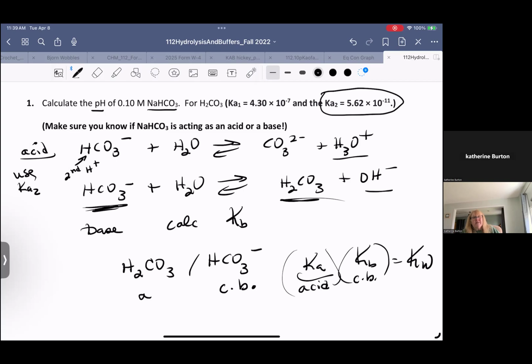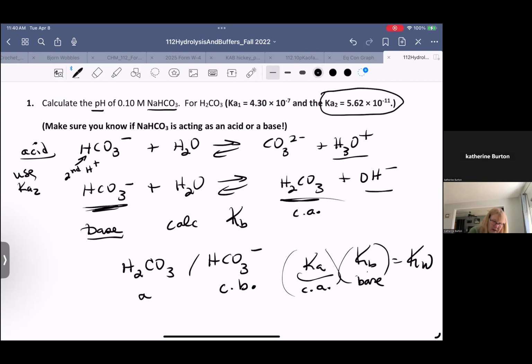We're assuming it's a base here, and this would be the base and its conjugate acid. Remember that conjugates just means that they're pairs, so I could write this instead as a base and a conjugate acid. Doesn't make any difference either way.